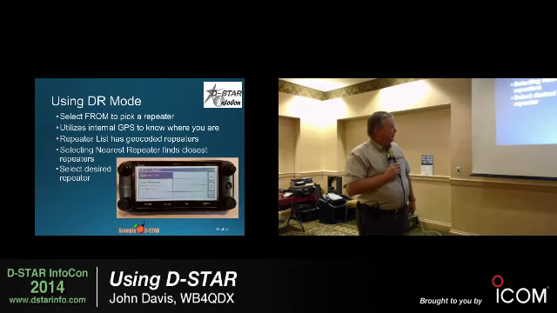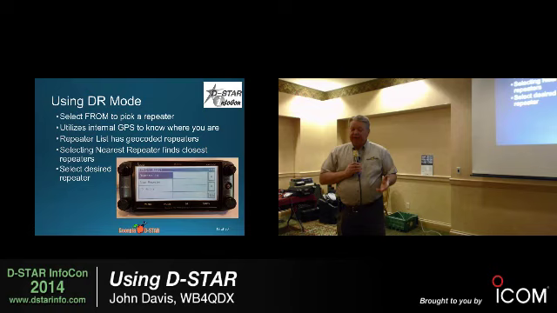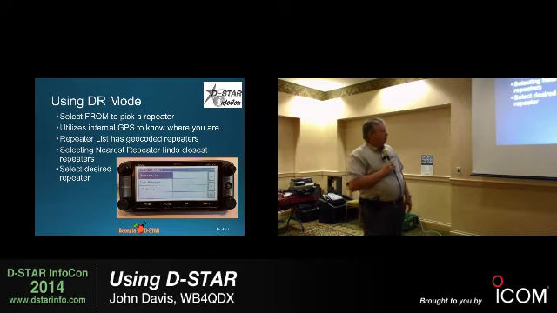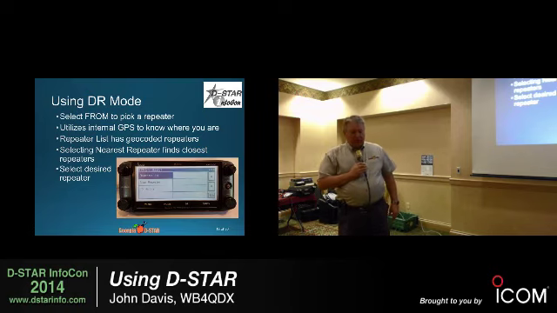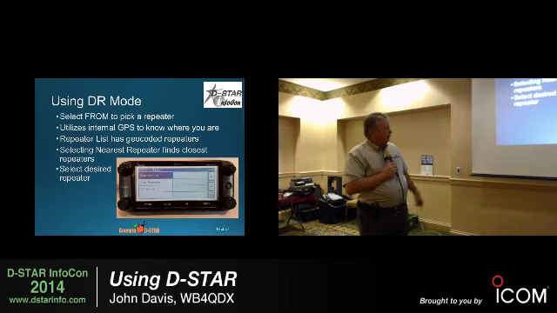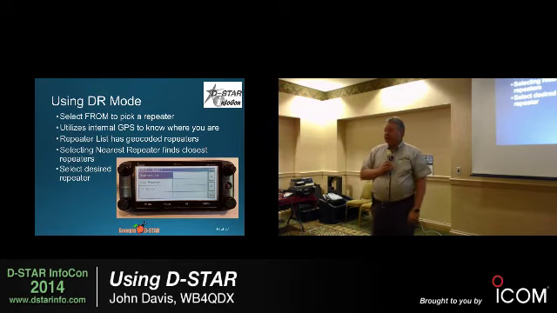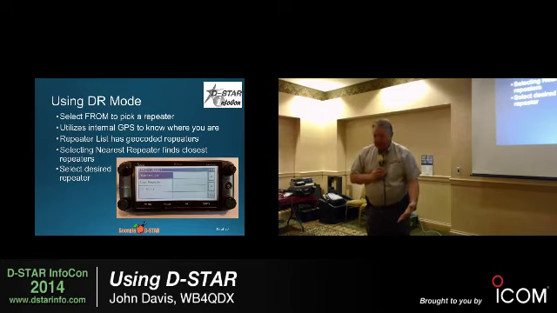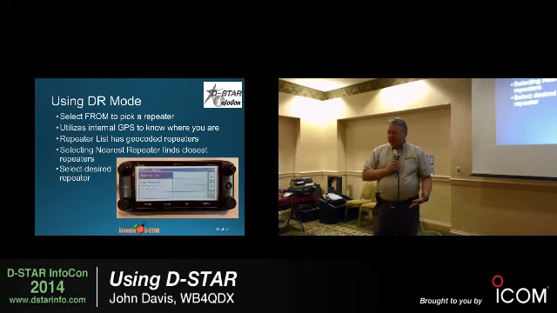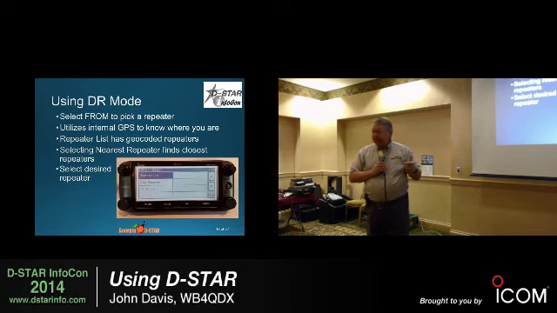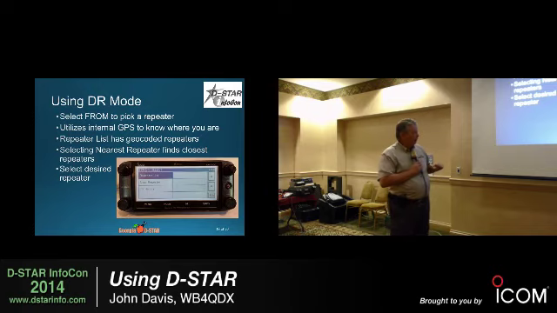This is the second screen that you would go to in the To field. I've already selected the repeater. Now I can get a repeater list, and that lists all of them that are in the repeater list memories. You may get an intermediate screen if you've done the banks, which says Southeast or whatever state you designate, or whatever country, whatever it may be.